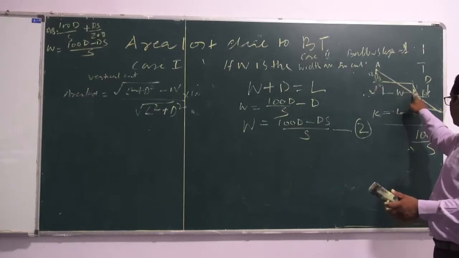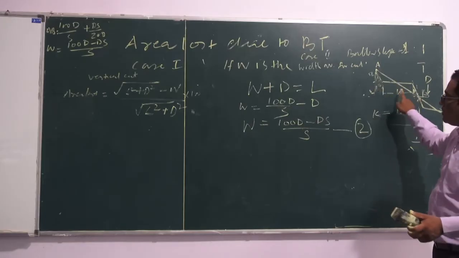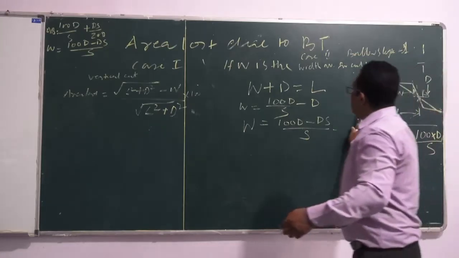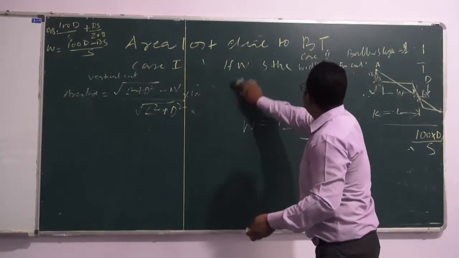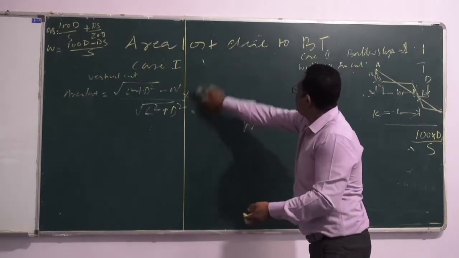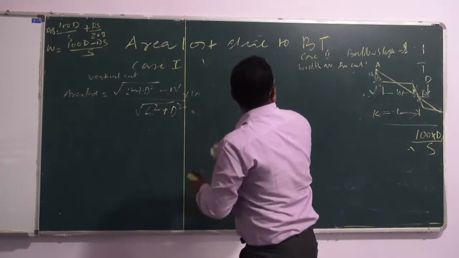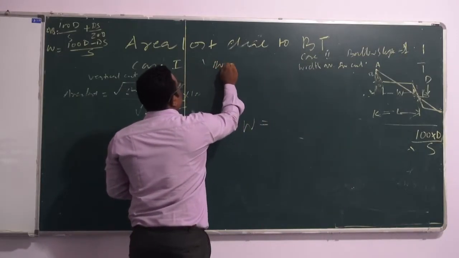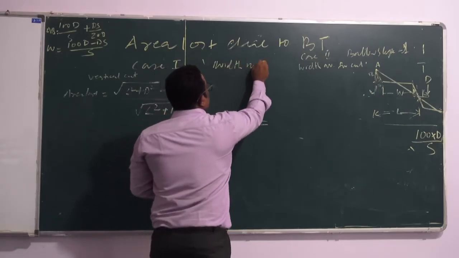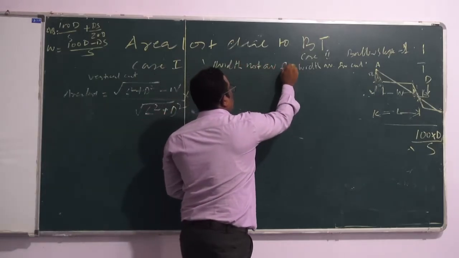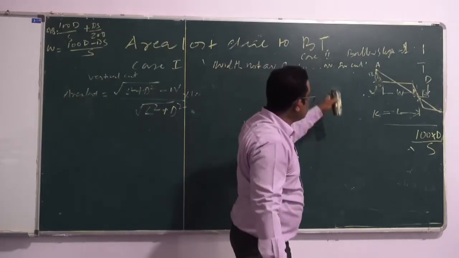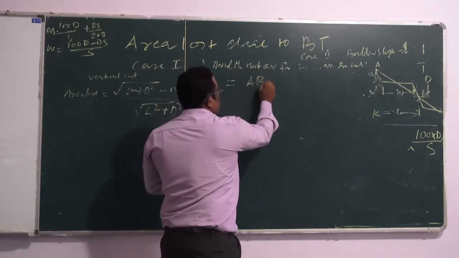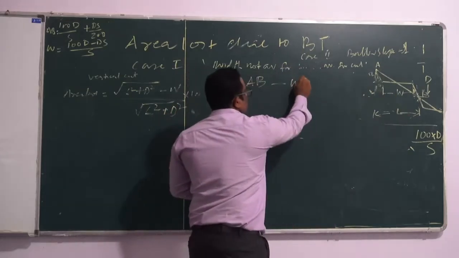Or this will be AB minus W will be the area which is not available for cultivation. Width not available for cultivation is equal to AB minus W.